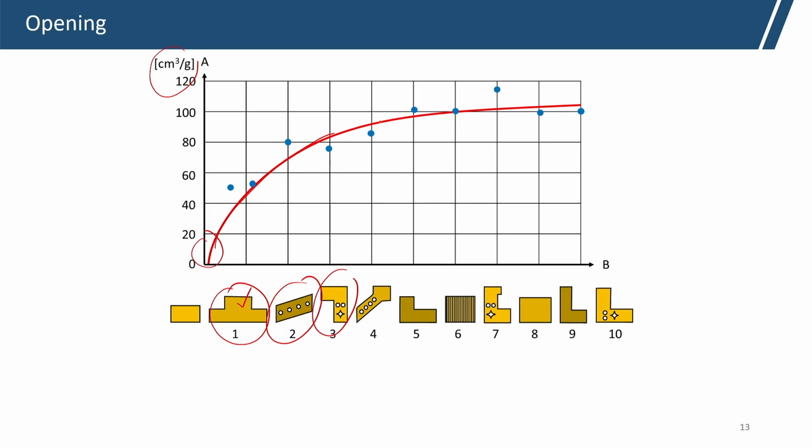Up to the 3rd or 4th process, we get the majority of the opening action. After that, these are almost saturated, and further processes, 6, 7, 8, 9 like that, do not achieve any further opening action.